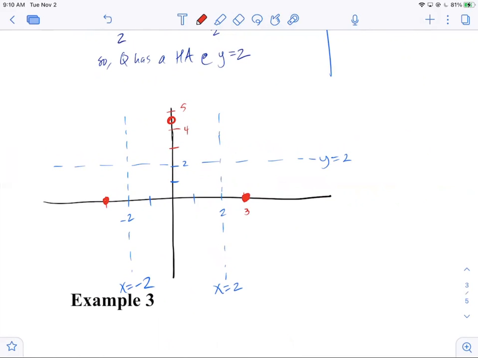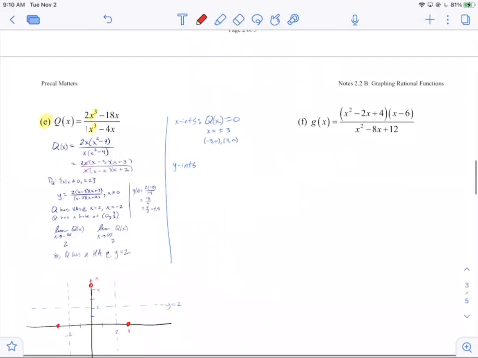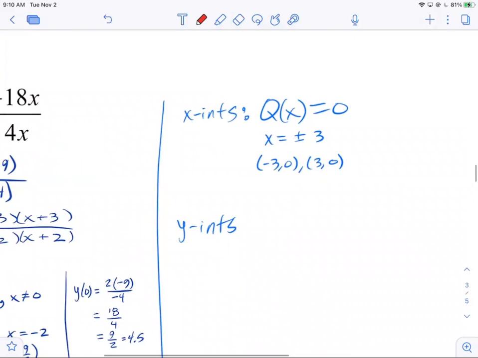With respect to what? Even or odd? Y-axis or origin? Y-axis. It looks like it might have y-axis symmetry, right? Everything that's happening to the left is happening to the right of the y-axis and vice versa. We'll check for that here in a second. What about y-intercepts? Well, that's when we plug in a 0 for x.